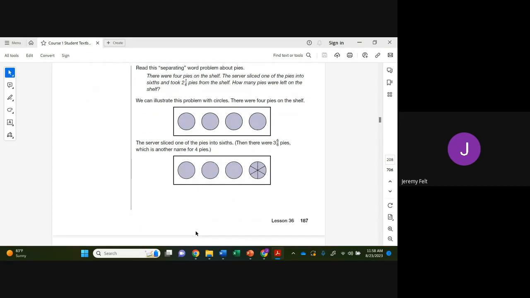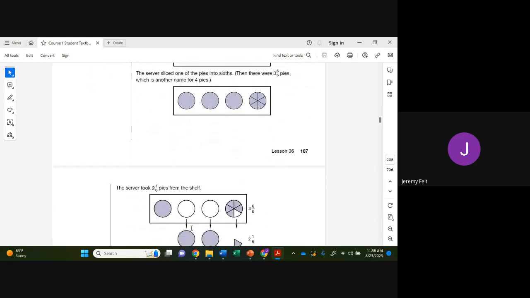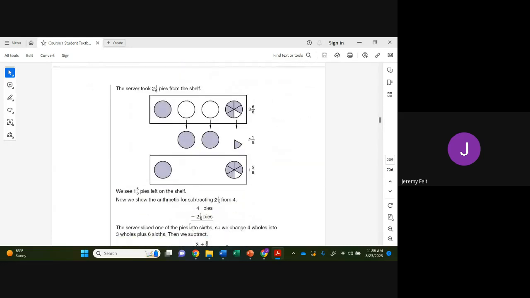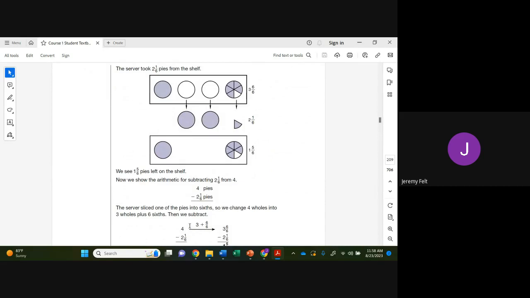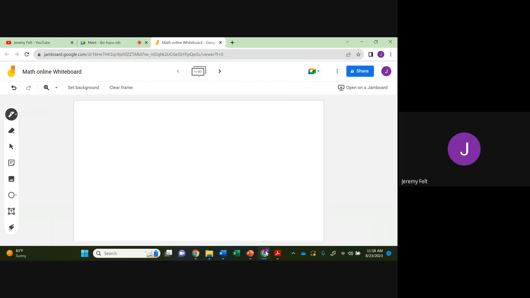All that's to get you thinking, because sometimes when we add or subtract, we're going to have to use that information. So if I have 4 pies and I'm taking away 2 and 1/6, well, this is a mixed number. This is a whole number, but I can rewrite, as we just saw, 4 as 3 and 1. 3 and 1 is 4, so we can call it 3.